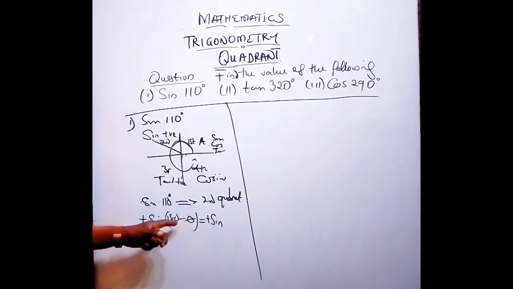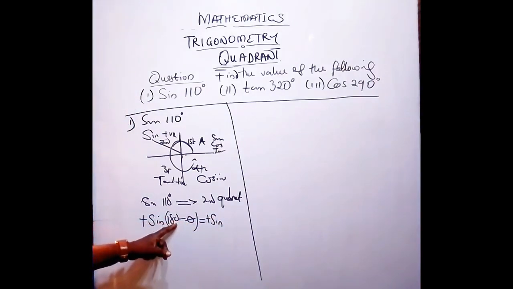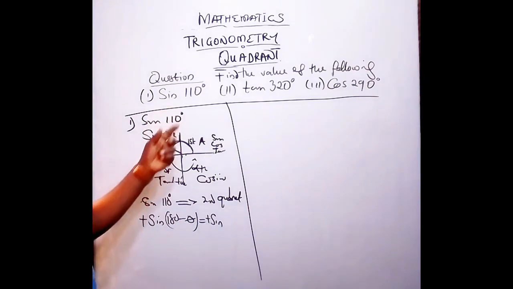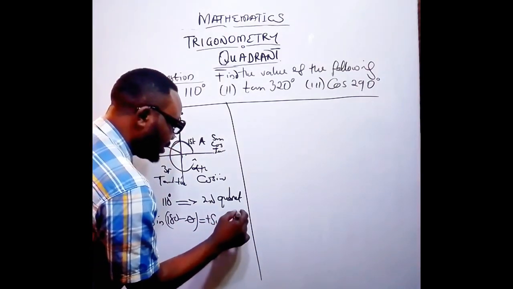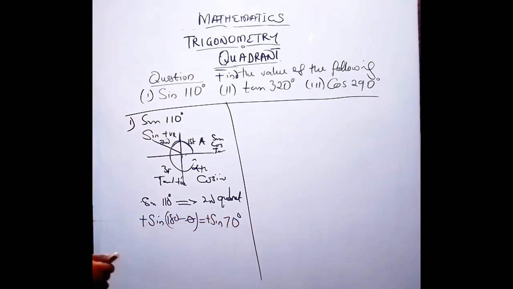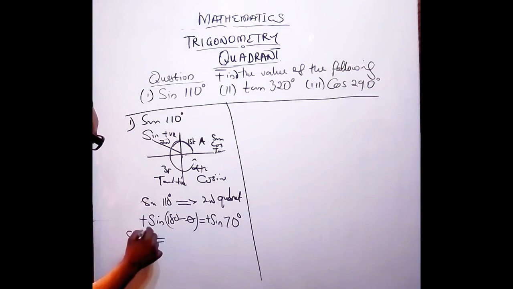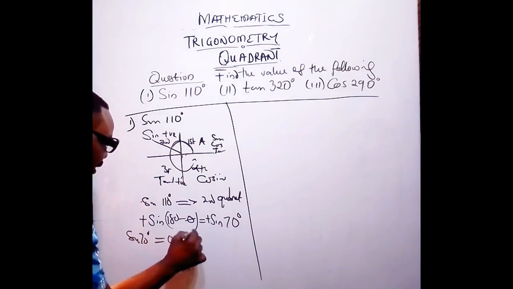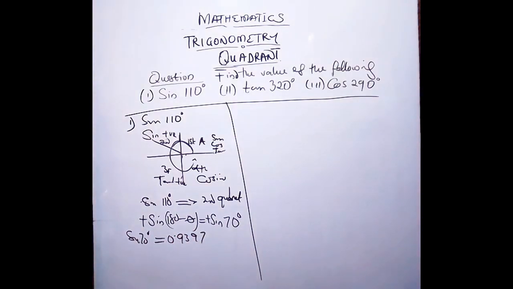What is the value we are going to subtract from 180 that will give us 110? 70 degree. What is sine 70 degree? Sine 70 degree will give us 0.9397. Good. Now, we have been able to get this.